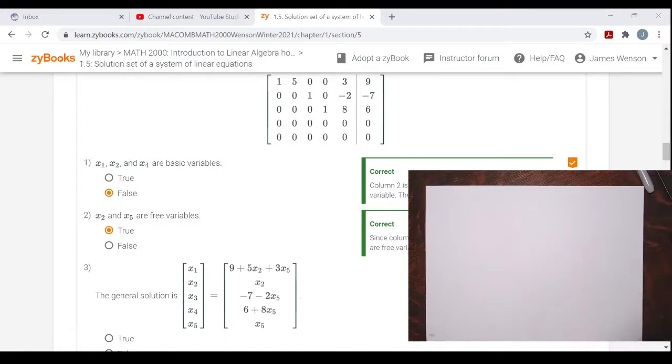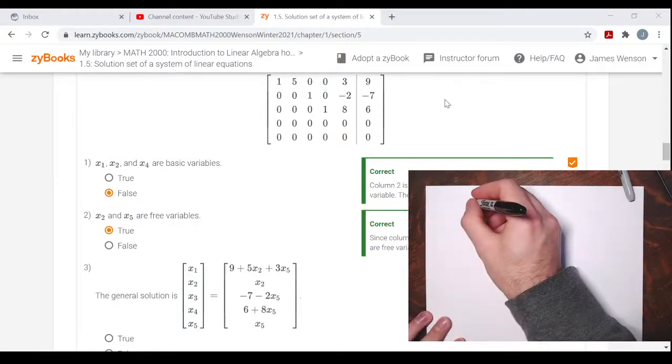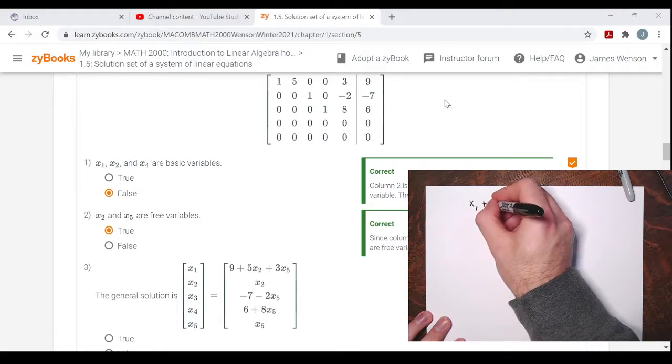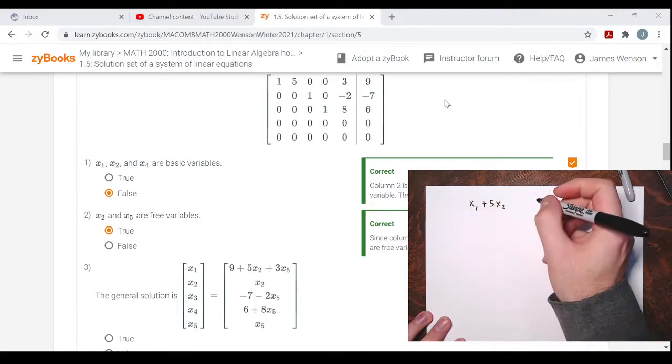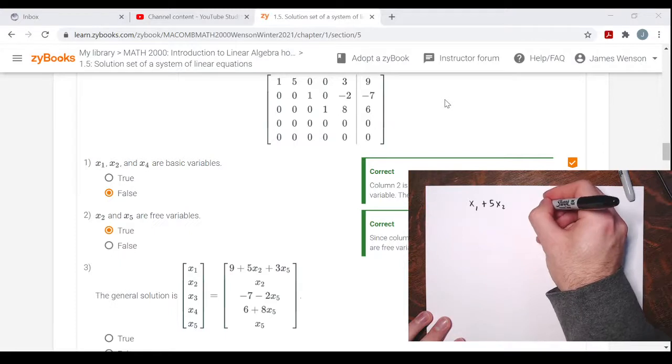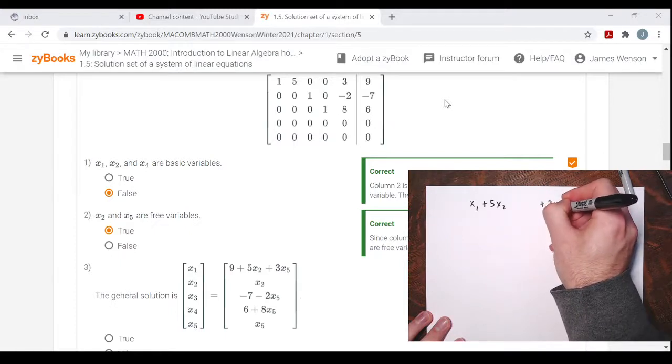That first row, 1 5 0 0 3 9, corresponds to the equation x1 plus 5 times x2, plus 3 times x5, equals 9.